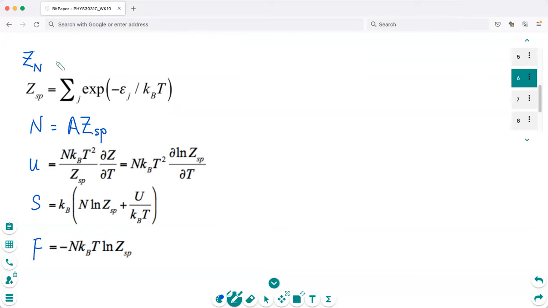Now this is the same problem, but we use two different viewpoints. And the connection between the two viewpoints, whether you look at it as the single particle repeated n times, or you look at the n particles as a system, is summarized by this first line here. Okay, we should right away make a remark.